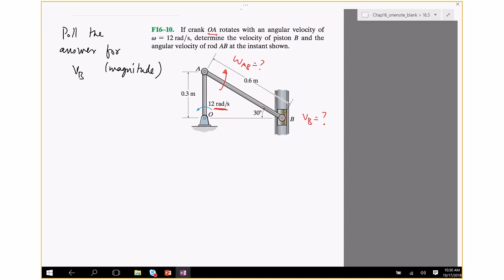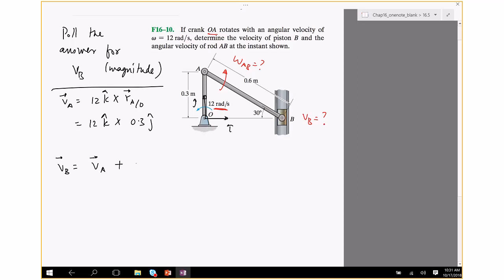Velocity of A is 12k crossed with R A with respect to O, so that's going to be 12k crossed with 0.3, and I'm going to assume that this is I, J is upwards, and so J. So find that, and then once you do that, velocity of B is velocity of A plus omega AB crossed with R B with respect to A. So first find velocity of A, put that here.